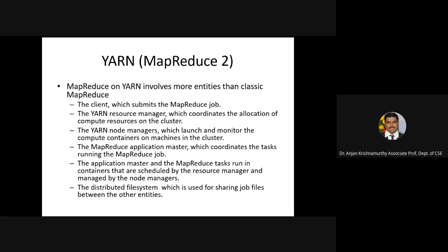It also has a MapReduce application master, which is responsible for coordinating and running the tasks. It runs the tasks in containers under the resource manager and the node manager. It also has the distributed file system, which is responsible for sharing the job files. So these are some of the things that MapReduce 2.0 basically has.